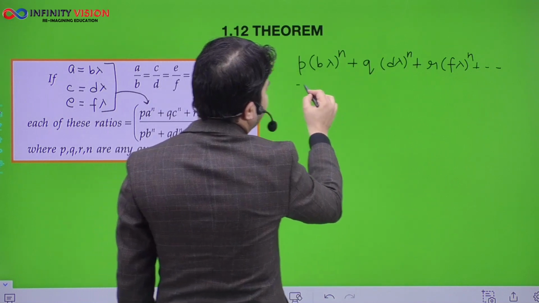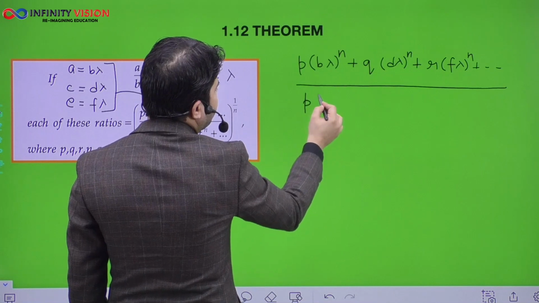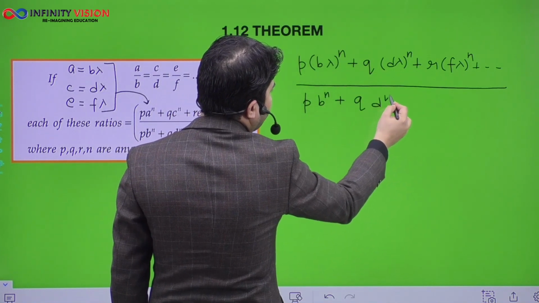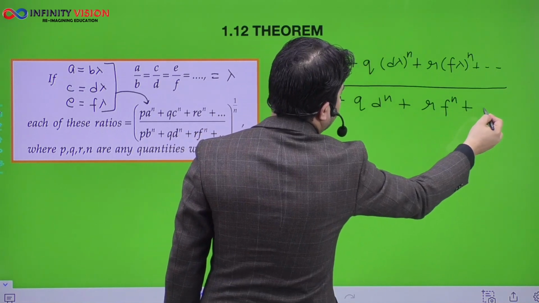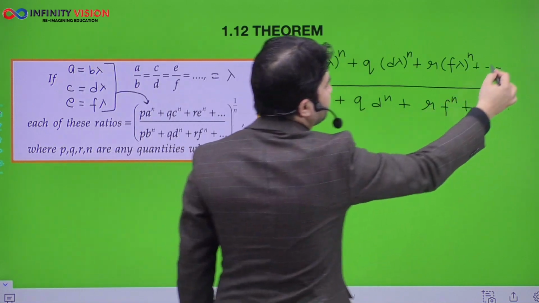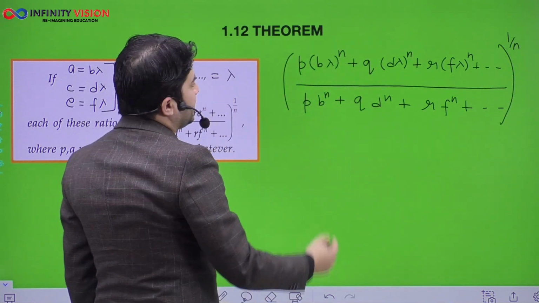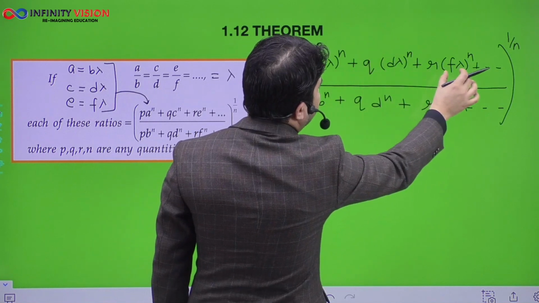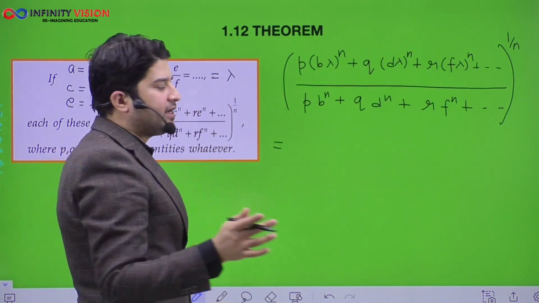Let's see what you have in the denominator. You have P b to the power n plus Q d to the power n plus R f to the power n, and so on, right? And this whole fraction has power 1 by n. Let's say each term of the numerator has lambda to the power n as common.